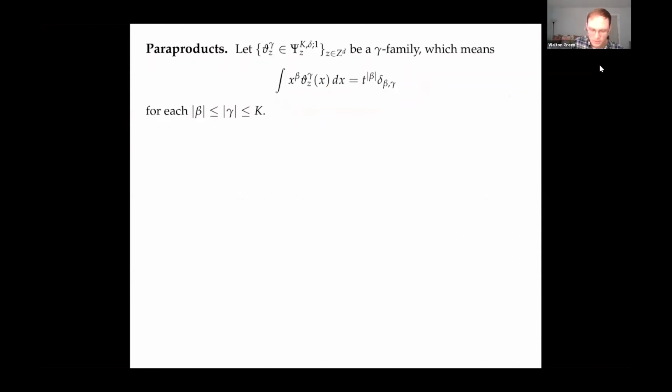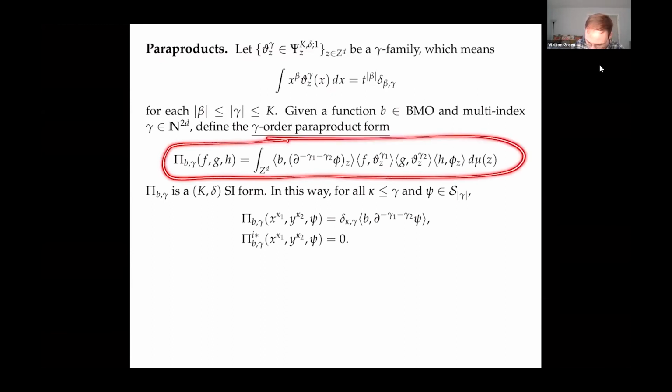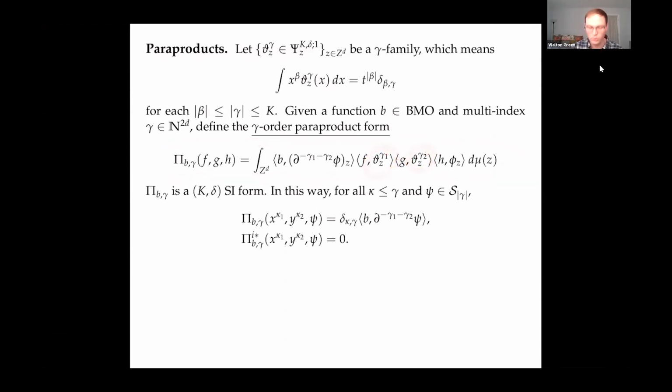The way we create paraproducts is as follows. We take what we call a gamma family, which maybe I should skip some of these technicalities because they're not so important. The idea is the form looks like this, where these are gamma families. The point of a gamma family is that it only turns on when you plug in the correct polynomial here. So when you plug in x to the gamma, you get 1, or a multiple of 1, and every other time you get 0.